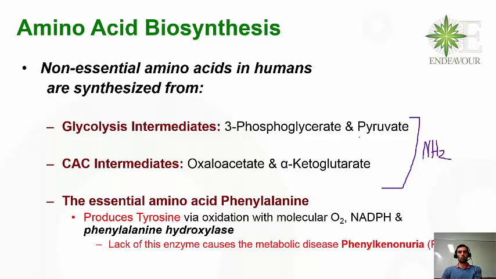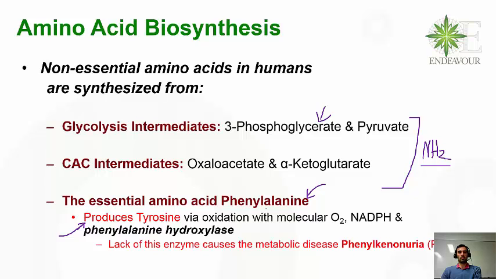It might also require some other modification in the case of 3-phosphoglycerate, but essentially part of what you have to do to convert these components into amino acids is add the amino group. And tyrosine is an interesting one, because although tyrosine can in theory be produced in the body, we actually need to get another amino acid to do this, and that is our phenylalanine that is essential.